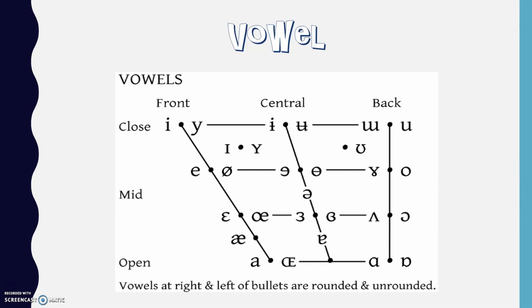So for the vowel I, the position of your tongue is in the front and close. For the next example, the O, your tongue will be in the back and the position is in the middle.